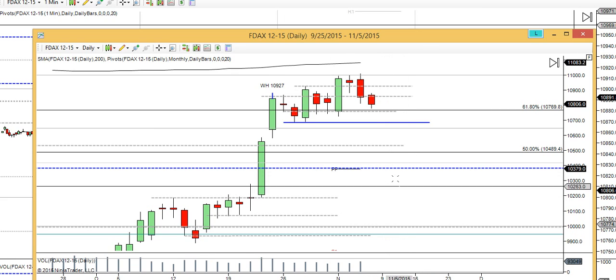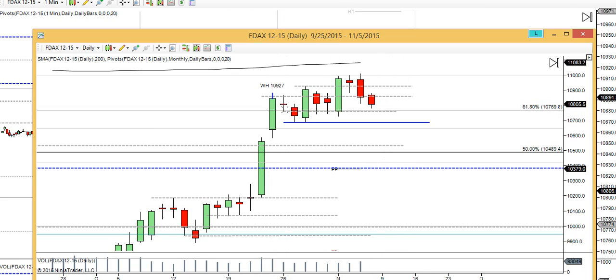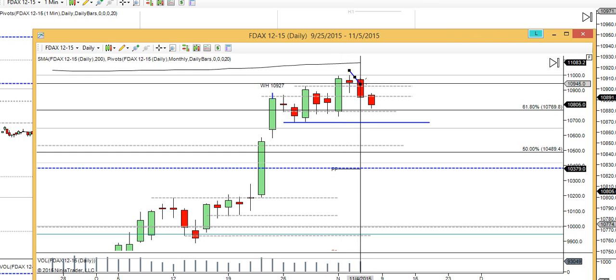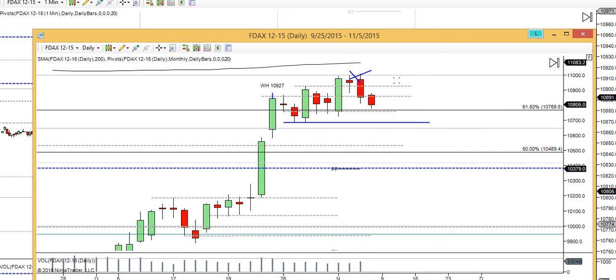So here we have the daily chart and what happened last week, because we have a very big up day, then 2 days down, big up day with higher high, 2 days down, big up day with higher high, then resistance here at 11,000.